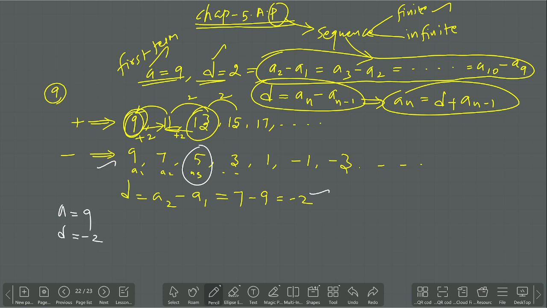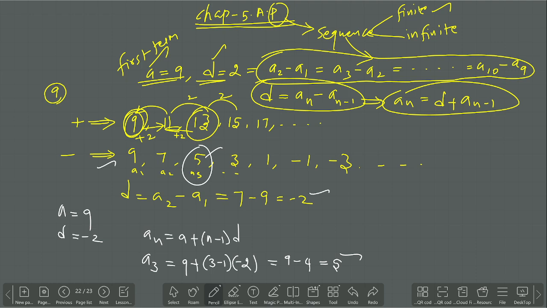I have the general term formula, AN equal to A plus n minus 1 into D. Suppose I want to find the third term: A3 equal to A value 9, n value 3 minus 1, D value minus 2. I should get the same answer. Let me check. 9 plus 3 minus 1, that is 2, plus 2 into minus 2, minus 4. Then 9 minus 4 equals 5.